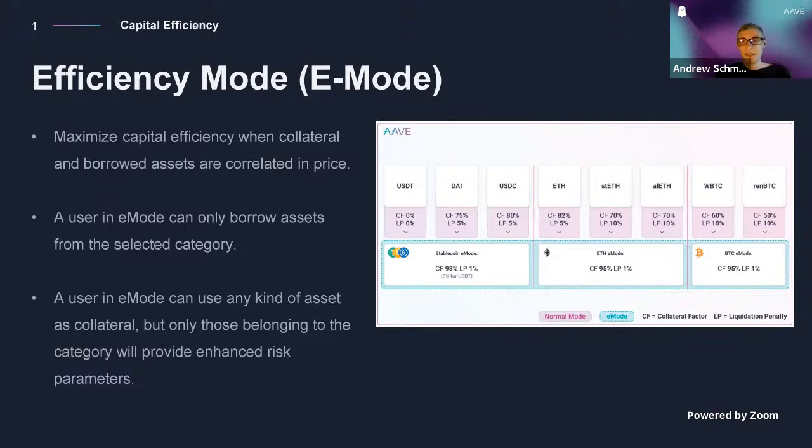And then you also have an ETH asset group. Within these assets, you're essentially able to create a leveraged position where you're getting more exposure to these assets. But it's not as risky for the protocol because they are all very correlated in price, so liquidations become extremely efficient here. This is basically just a way to provide enhanced risk parameters for assets in the same category.